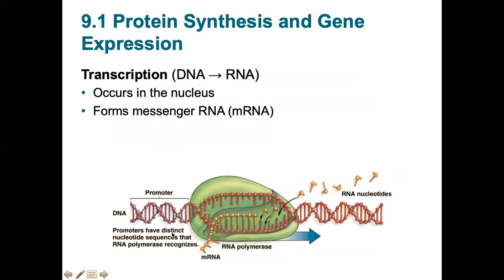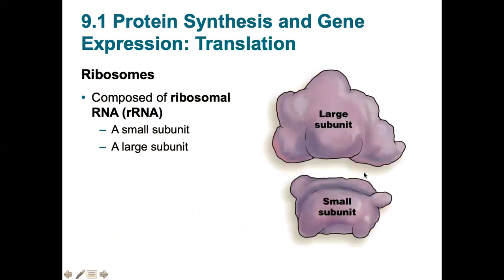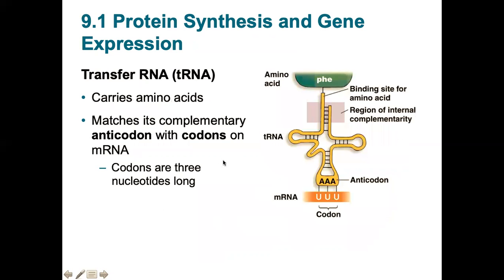So here's the transcription. We open up the DNA, and a polymerase copies on that complementary messenger RNA. And then the messenger RNA is going to go out into the cytoplasm, where it's going to meet up with this thing called a ribosome, and it's also made of RNA. And it's got two parts, and it chomps down onto the messenger RNA. The messenger RNA fits in here. And then it houses these things called tRNA.